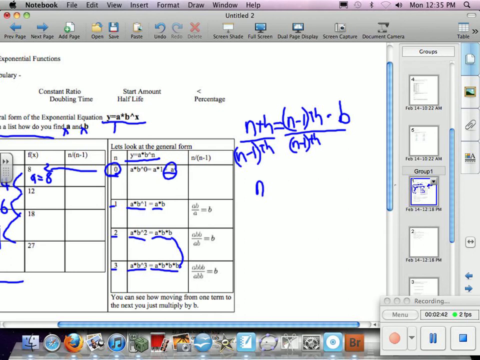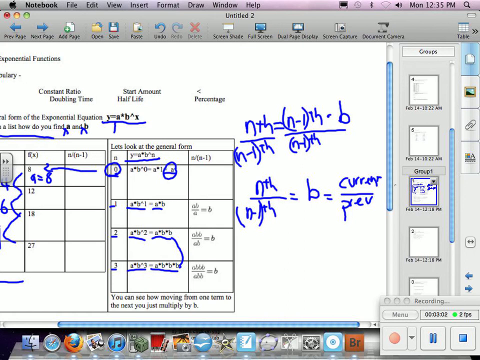So nth divided by nth minus 1 is going to give me b. The other way of saying that is the current term divided by the previous term will equal b.